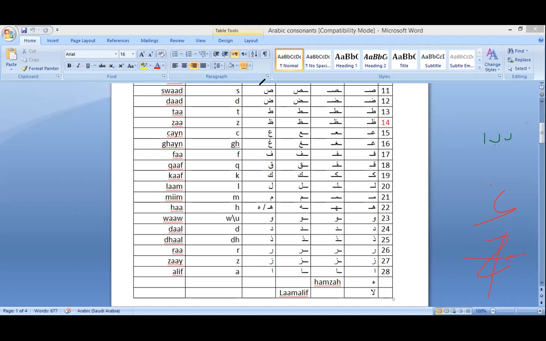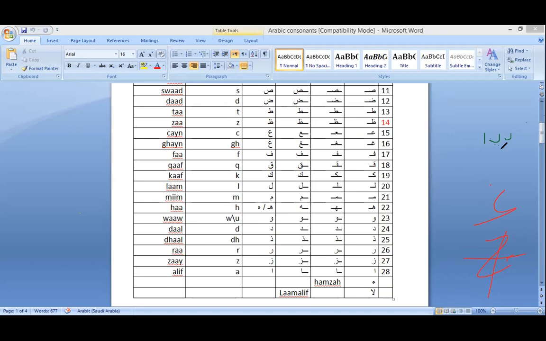Now, Riaga, which letter is this one? This is Ra, right? And this one is? Which letter of this shape has two dots below in Arabic? It's only one letter.